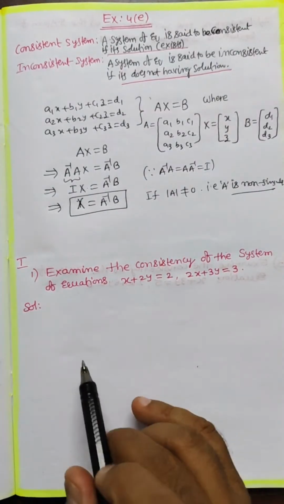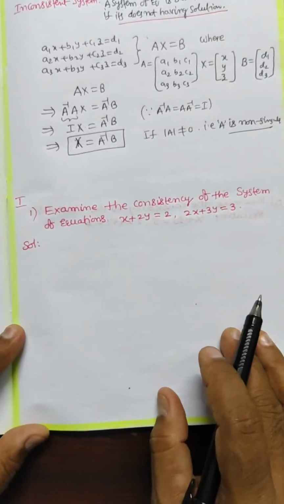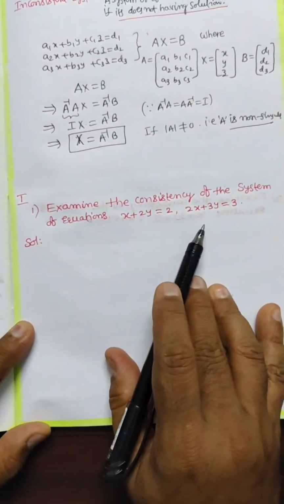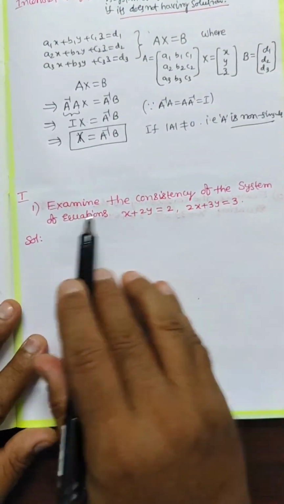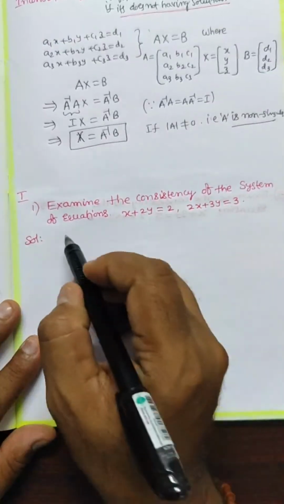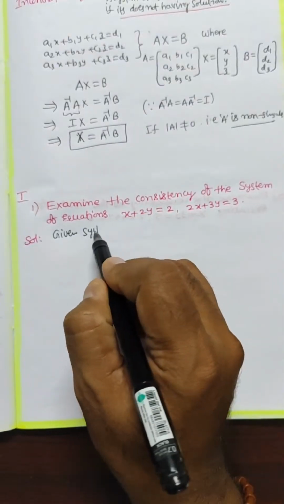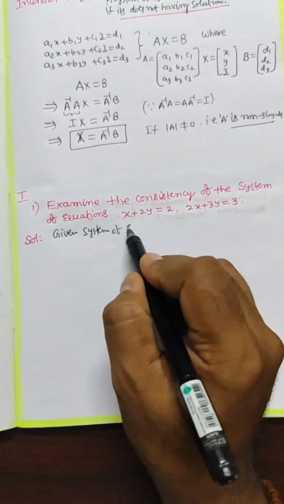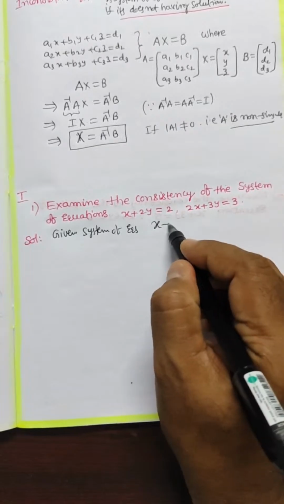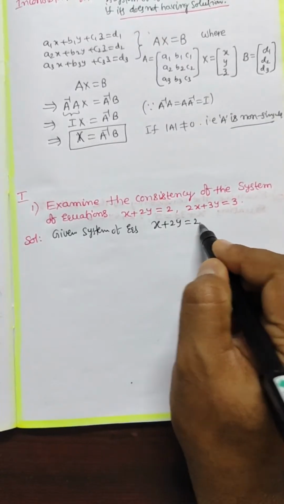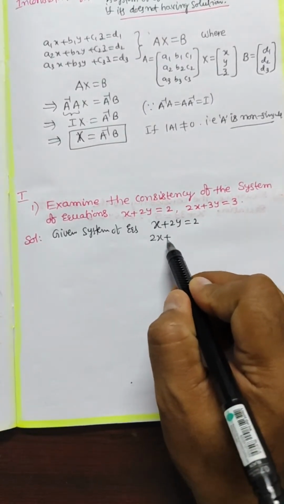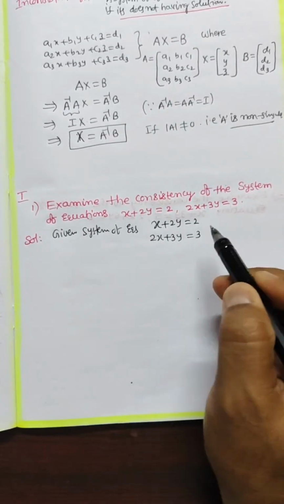The first question is: examine the consistency of the given system of equations. x plus 2y is equal to 2, 2x plus 3y is equal to 3.